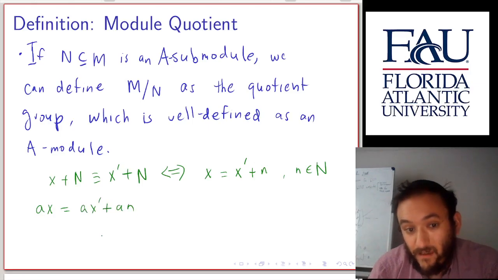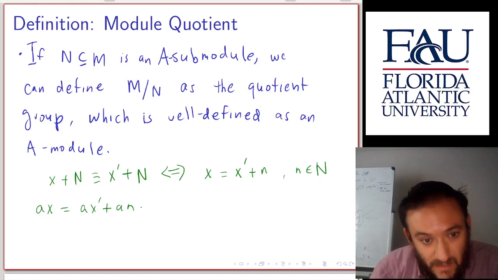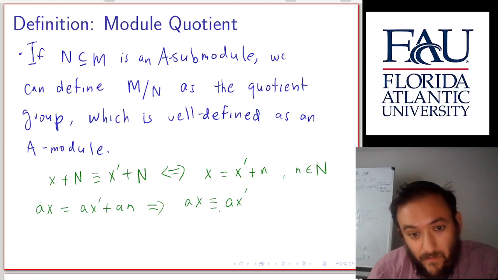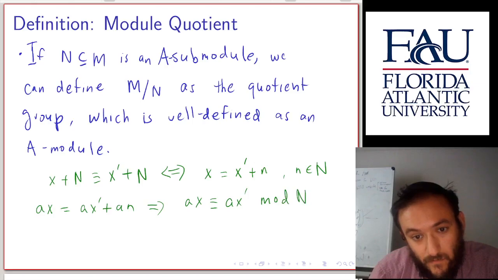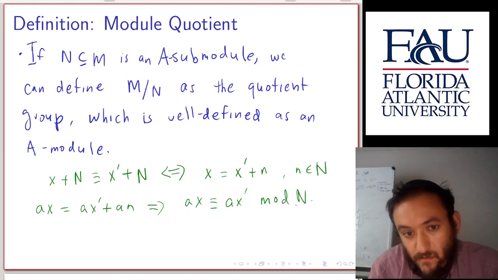We know that AN is also in N by virtue of N being a submodule. So this means that AX will be equivalent to AX prime mod N. Okay, so that tells us that this is well defined as an A module.